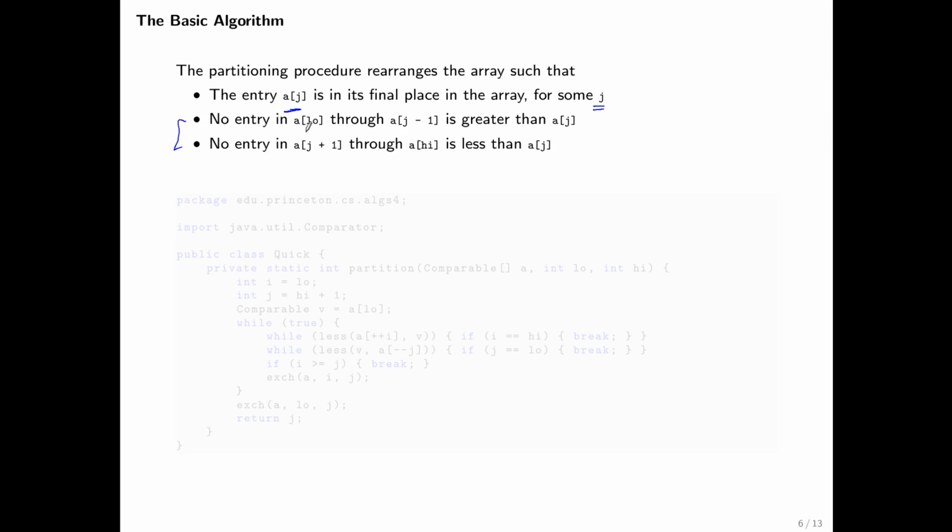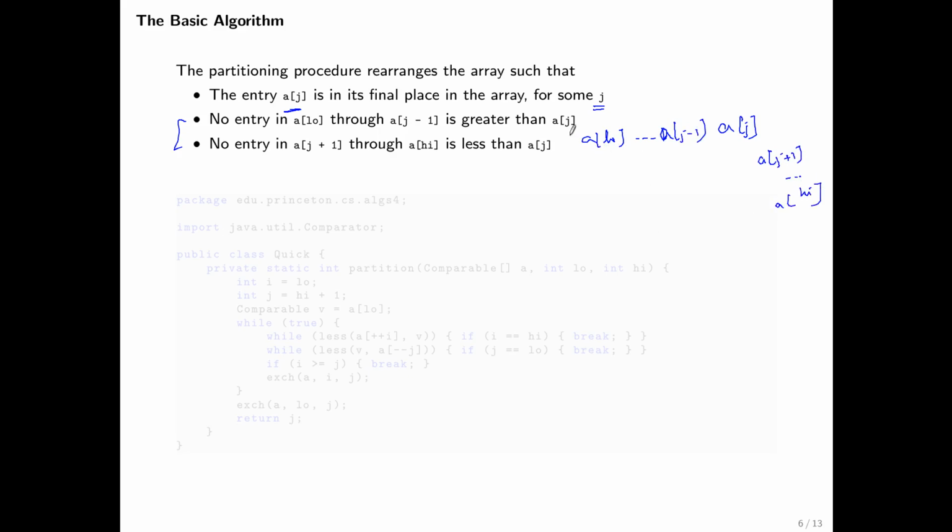No entry in A low through A of j minus 1 is greater than AJ. So we have AJ there, and then we have A low all the way up to AJ minus 1, and then on this side we have j plus 1 all the way up to A high.